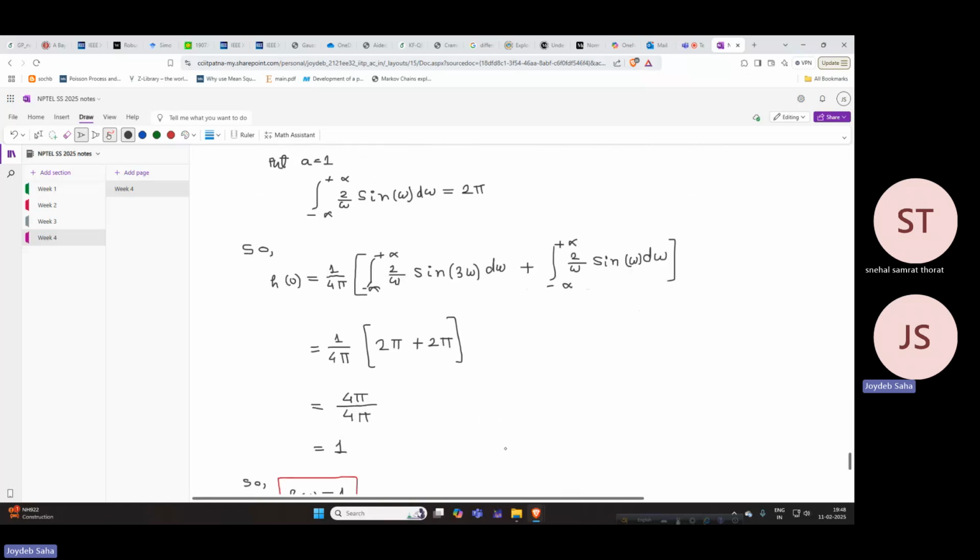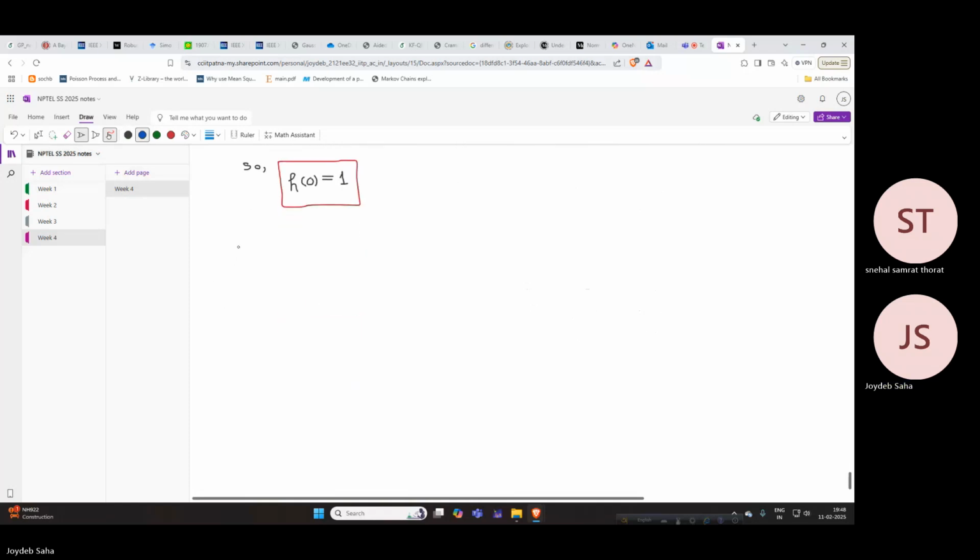This is question number 7. Find the Fourier transform of the signal from minus a to plus a.